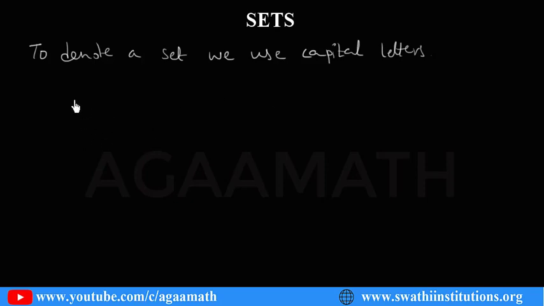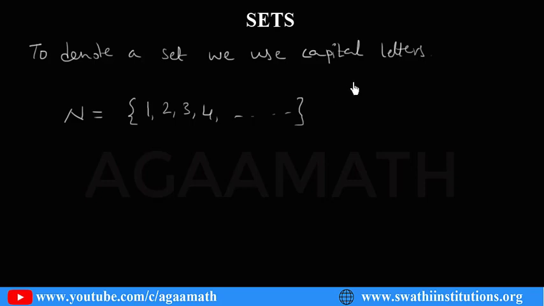Also the set should be represented, means enclosed, using the curly brackets like this. This is what 1, 2, 3, 4, and so on. So here I used a set to represent, and also when we denote this set, we have to represent using the capital letters.